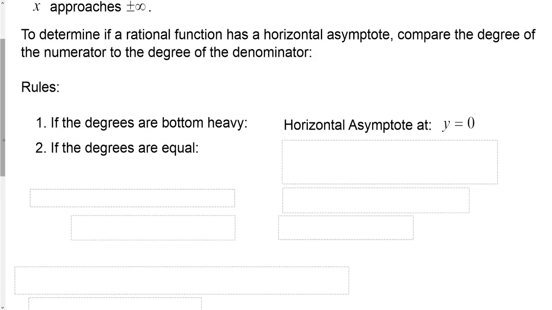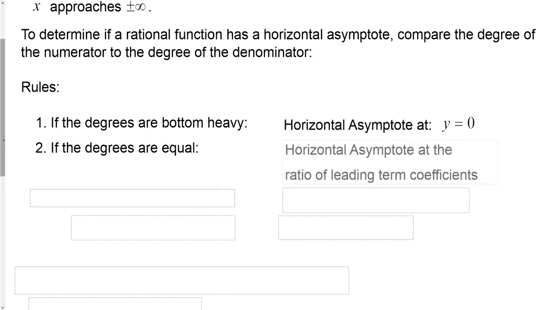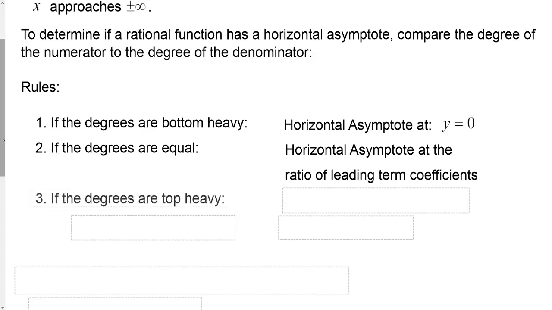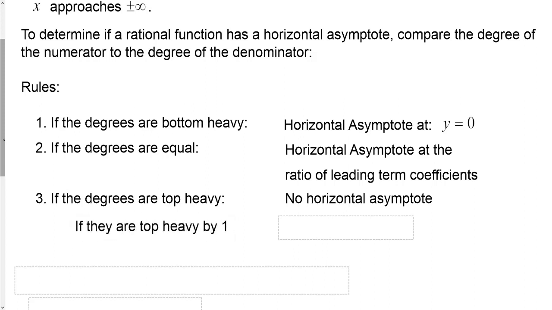Next, if the degrees are equal, there's going to be a horizontal asymptote at the ratio of leading term coefficients. Next, if the degrees are top heavy, so there is a higher degree in the numerator than the denominator, then there's no horizontal asymptote. However, if they just happen to be top heavy by 1, you have what's called an oblique asymptote.